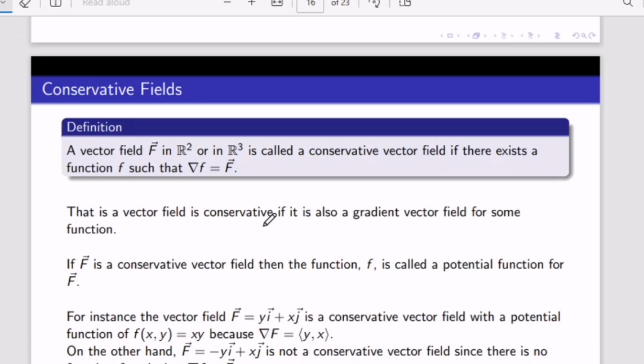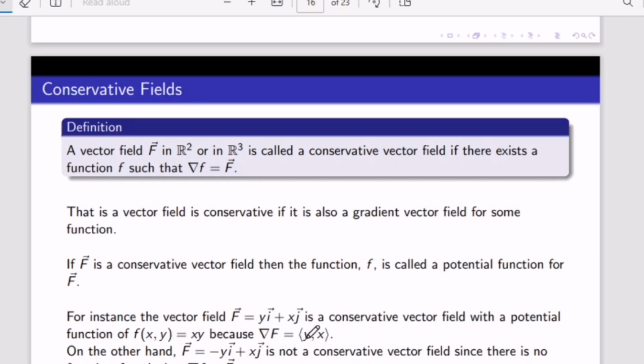So when you have a function, and we can find that the gradient vector field is equal to the vector field, that means that the field is a conservative vector field. Let me explain this using the example they give here. The vector field F, which is y i plus x j, is a conservative vector field with a potential function xy, because when you find the gradient vector field, you get this.